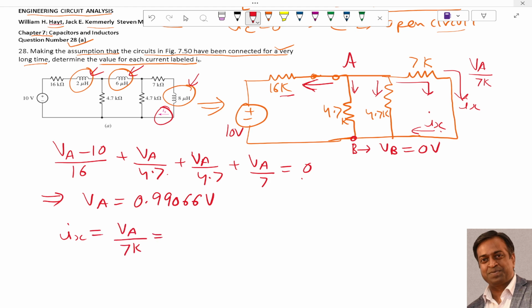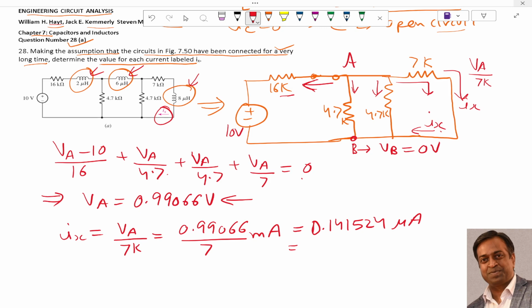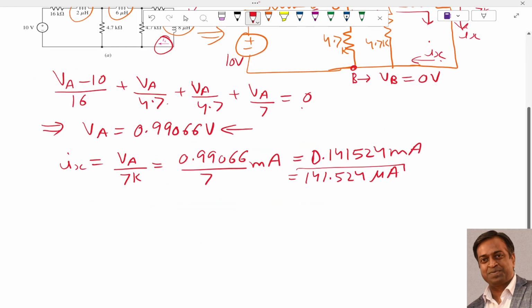VA is 0.99066 upon 7 milliamperes, which gives 0.141524 milliampere. It is milliampere, and this is the answer to this particular question.